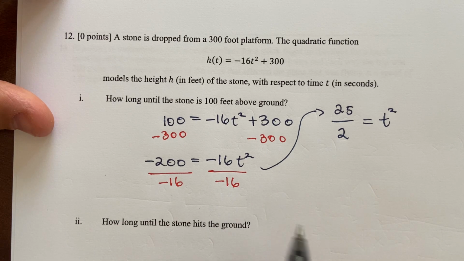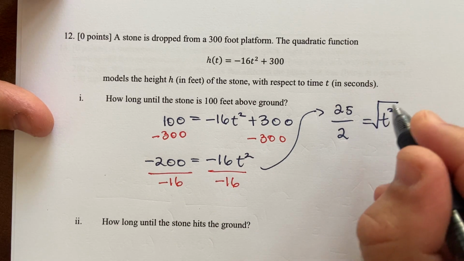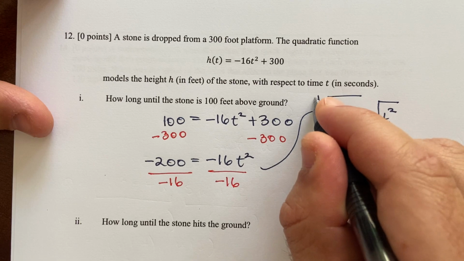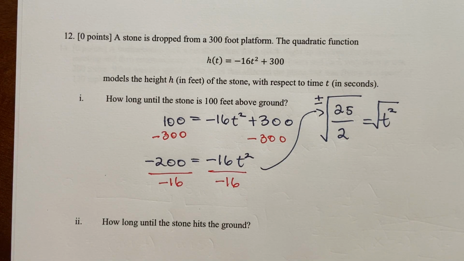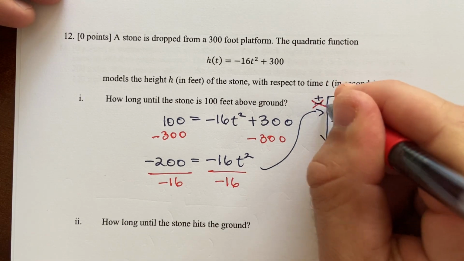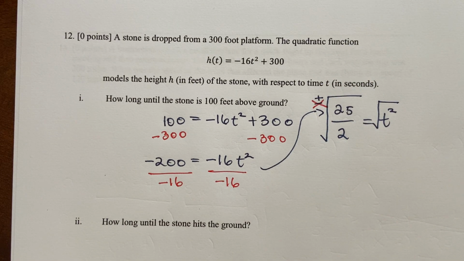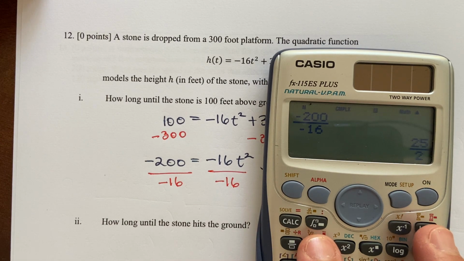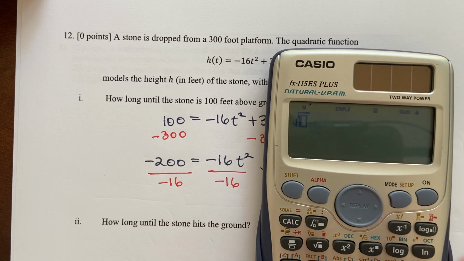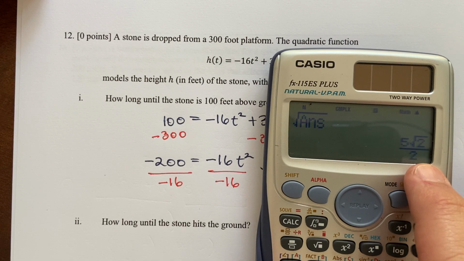Okay, square root, plus and minus. We're solving for a time, so it's not going to make sense to talk about negative time. So if I square root, I still have this number on the screen, so I can go square root answer. It reduces down to 5 root 2 over 2.